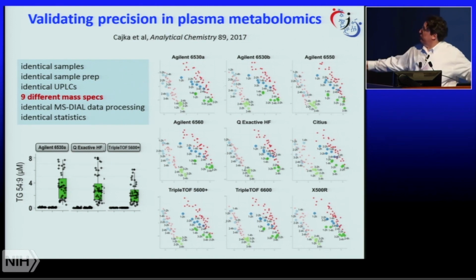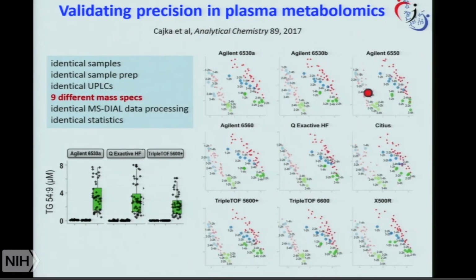And what you can see here on the right is principal components analyses of these treatments. This is before and after a certain intervention, and the different colors are different subjects. And then we had a longitudinal design, and we see that the overall phenotypes, the metabolic phenotypes, were always retrieved very accurately for each of those subjects, no matter which mass spec we used.